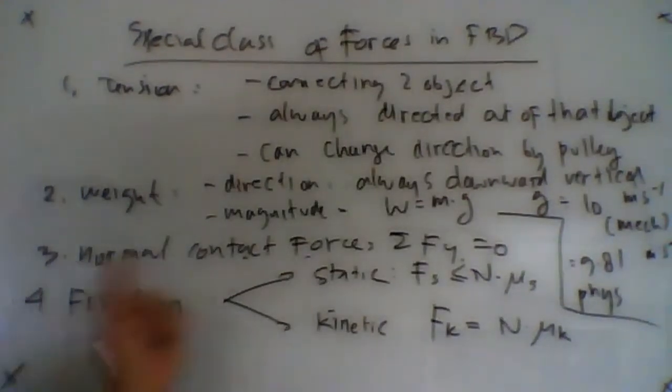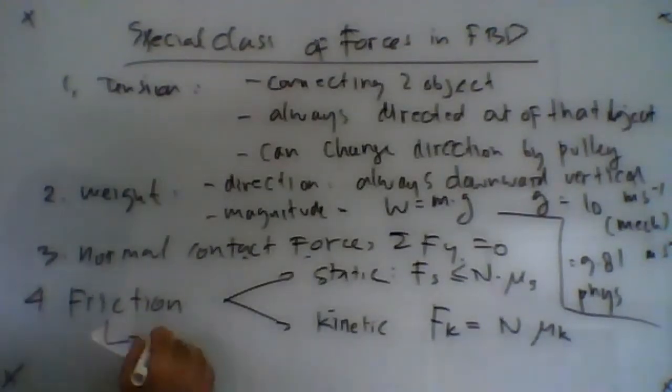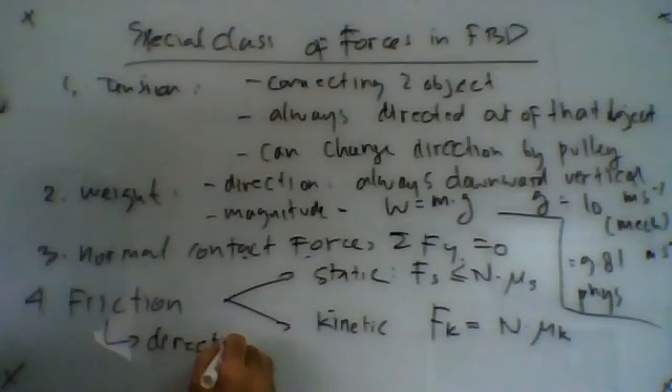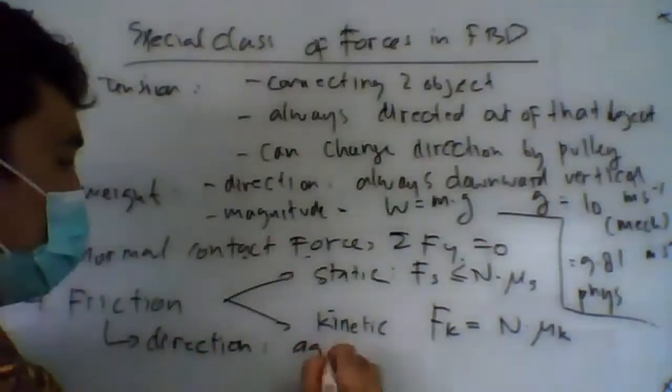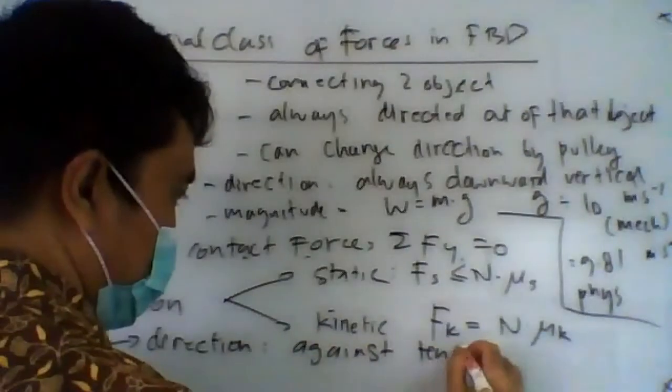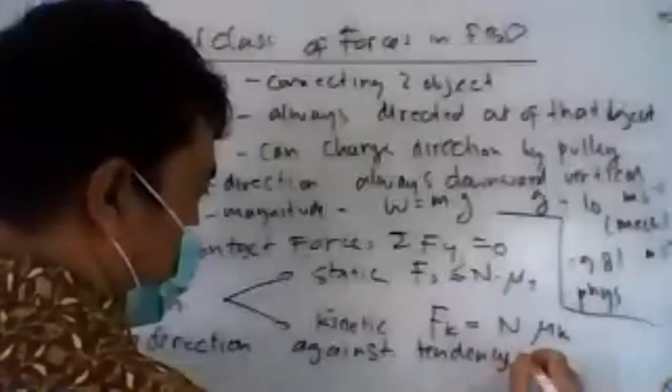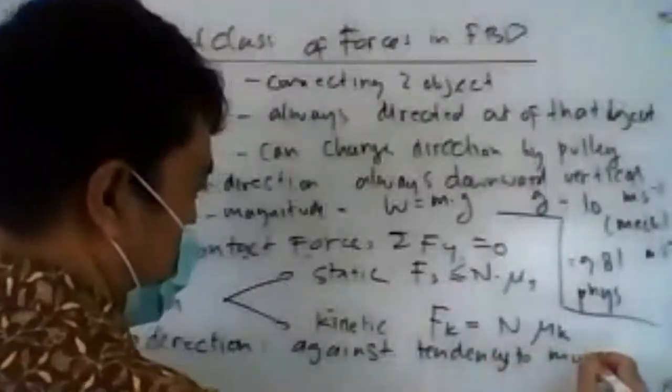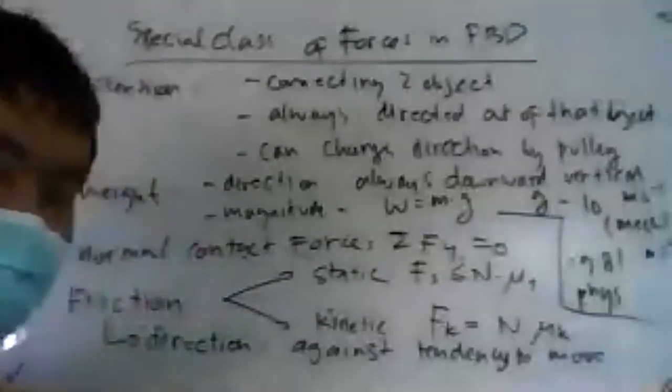Okay, so these are the 4 phases of special forces that we need to know about. One thing about friction: the direction is always against motion, against the tendency to move.